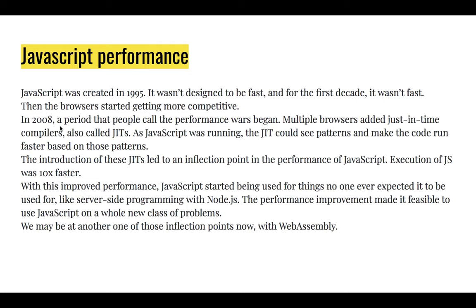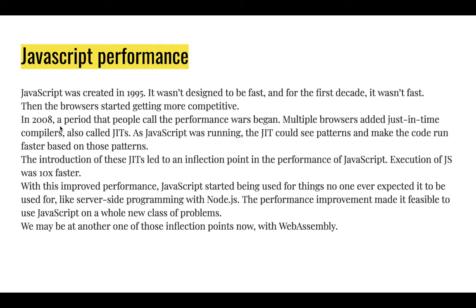What JIT does is it could see the pattern in your code, and based on those patterns it tried to optimize your code. That's what JIT does. JIT made our code 10x faster than it usually used to be, and this was the very reason things like Node.js came into being. If JIT hadn't been there, there would have been no server-side JavaScript.